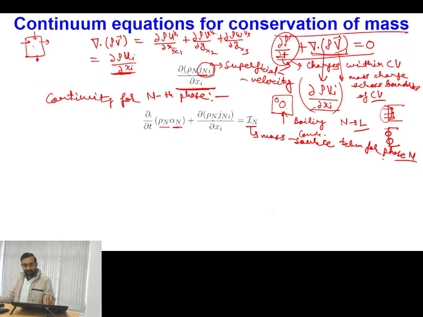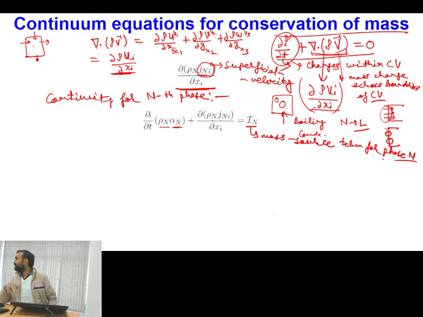So if my nth phase is liquid and the boiling phenomenon is happening, then this term will be of negative magnitude. If the phenomenon of condensation is happening and the nth phase is liquid, then this term will be a positive quantity, because for condensation, vapor condenses and liquid forms.